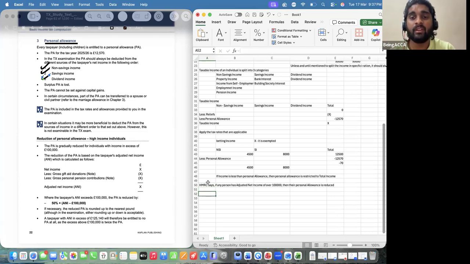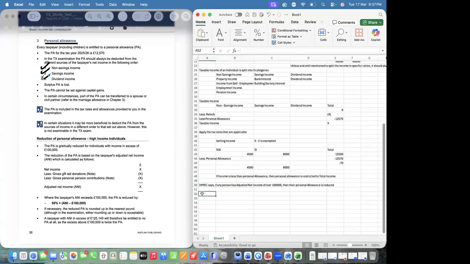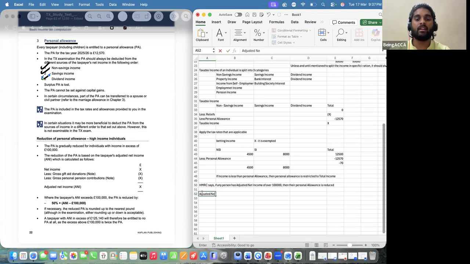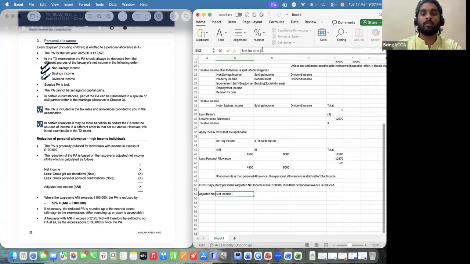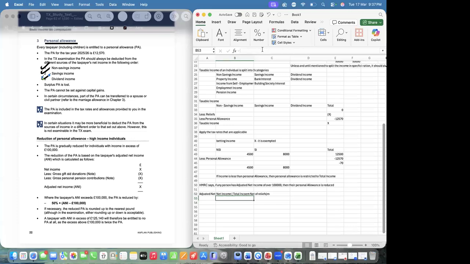Which means in this, there are two points to be understood. One, what is the adjusted net income, and how is the personal allowance reduced? Correct? Yes, sir. So, adjusted net income. Adjusted net income is nothing but your total net income after your reliefs. Until reliefs, we have discussed total income, net of reliefs is your net income. Okay? Yes, sir.